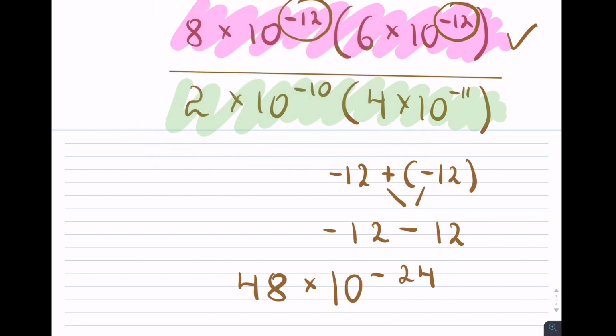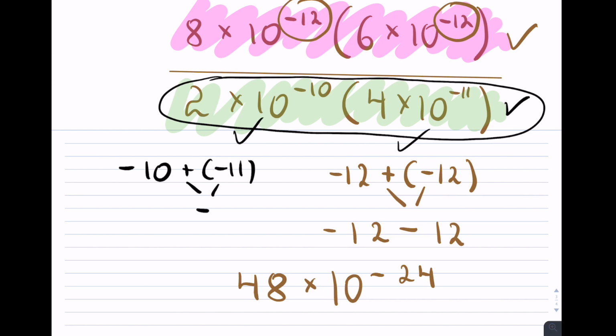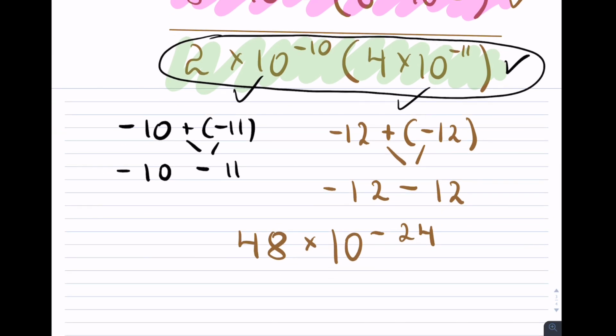Now, the bottom, I'm going to do the same thing. I'm going to first try to solve this before I do any division. So here I am multiplying this and this. So again, take the exponents, add them. That would be, again, adding my debt.